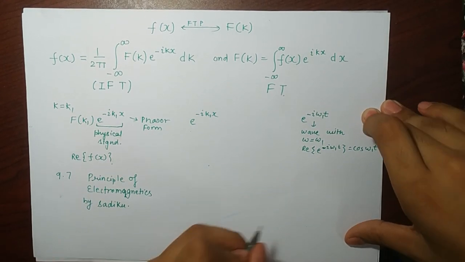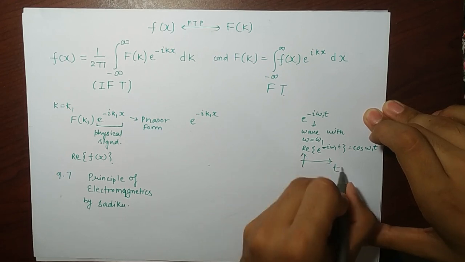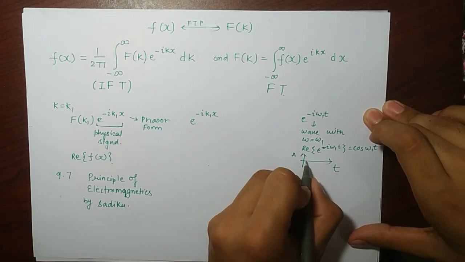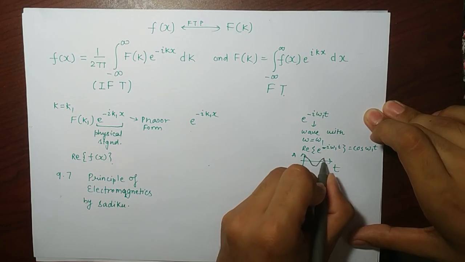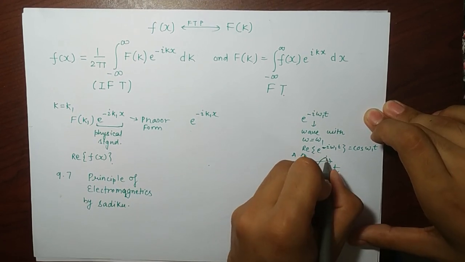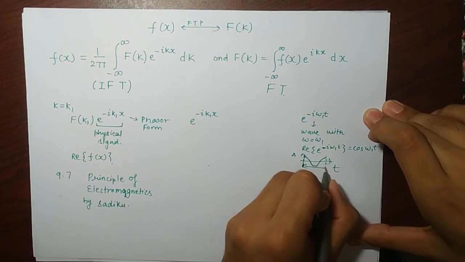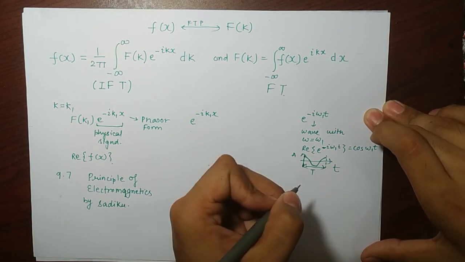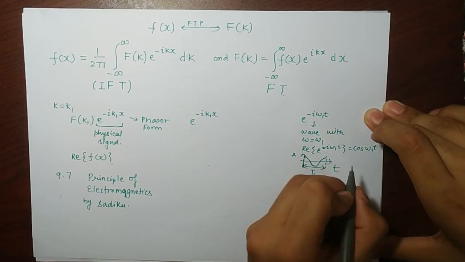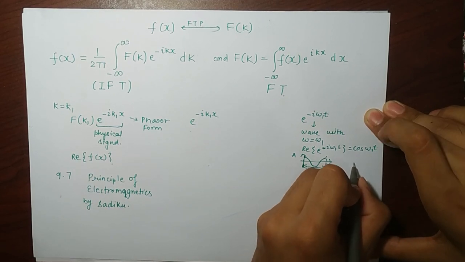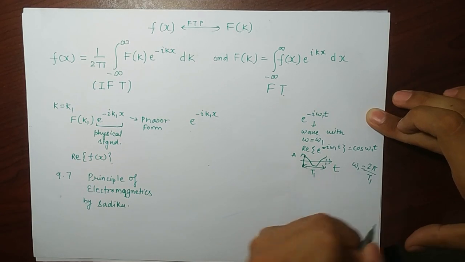So we know this signal would look something like this: this would be time, this would be amplitude, and this is the cosine. Let this be t1, then omega1 is 2 pi by t1.